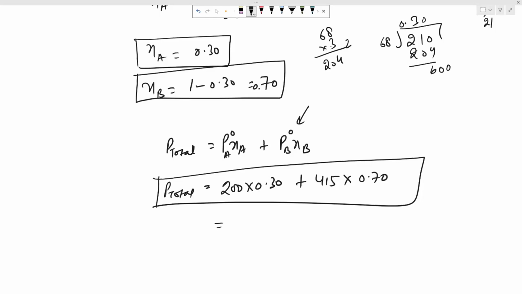What value will you get here? You will get 60 here.